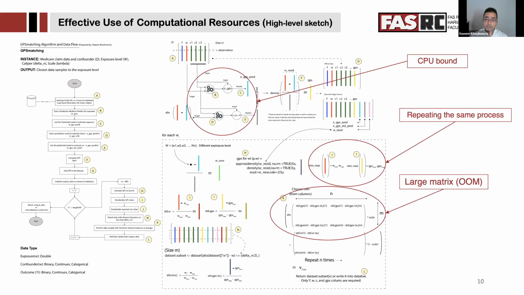So for the first part, we parallelized it. For the second part, obviously, we put the repeating part outside of the for loop. And for the third part, I rewrote it in C++ and used Rcpp to combine it with the package. I also used OpenMP to make it efficient.